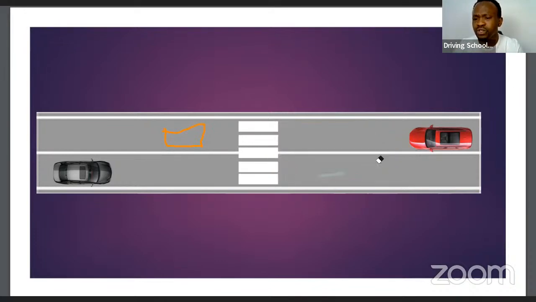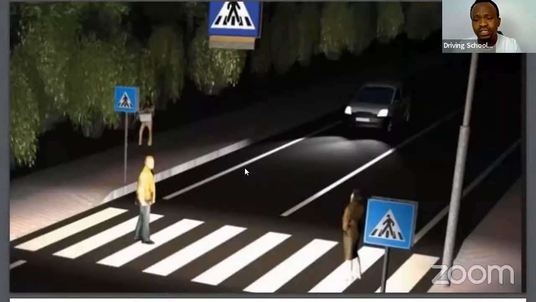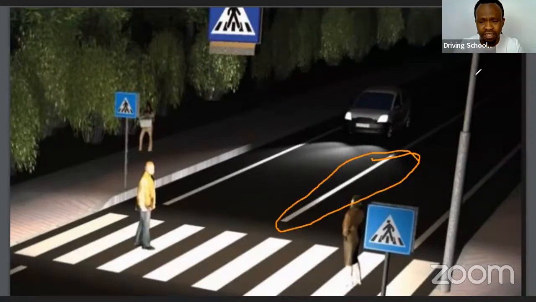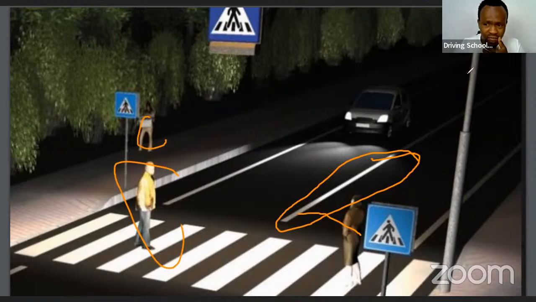Like I said, as you go out, try to have a look at any attraversamento pedonale, whether you see it like this, you understand? Because this is the line that they are referring to. You see, in this case, this vehicle is stopped to allow these pedestrians to cross the road.